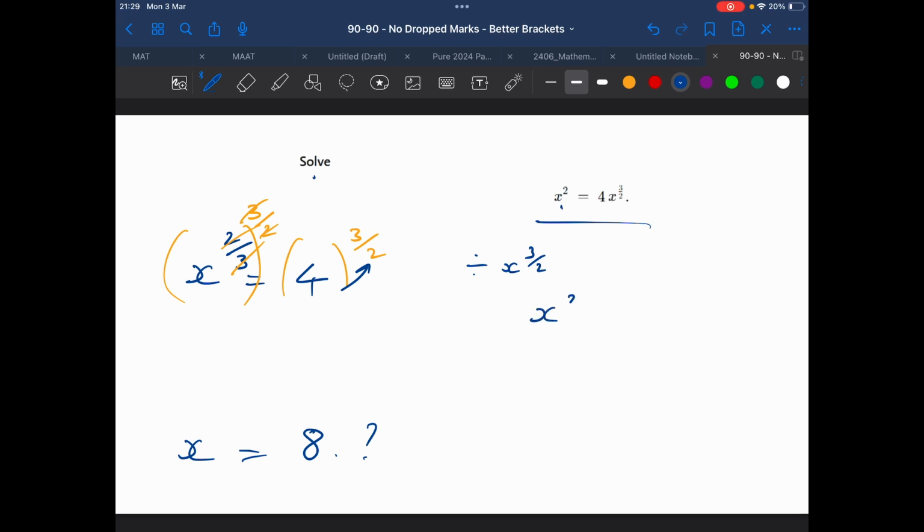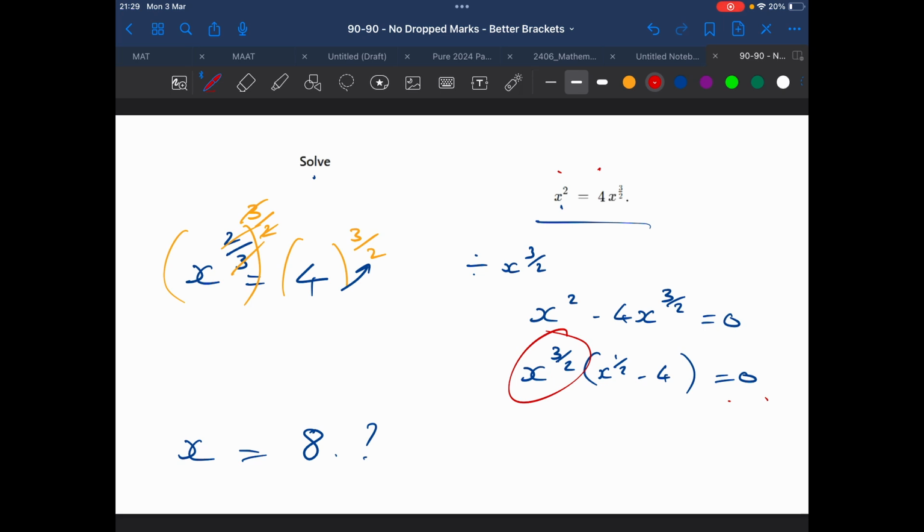So if I move things to the same side, notice we can factorize this one out. Okay, so it is possible that x to the 3/2 could be 0. When you get these questions where you have the same thing on both sides, it's possible for that thing to be 0.